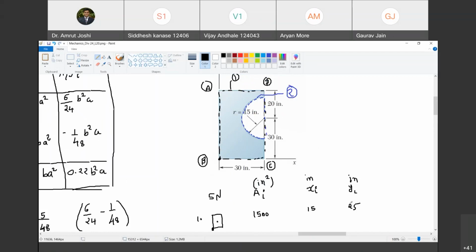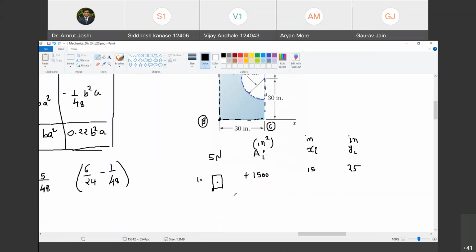Is this area additive? Yes, sir. This area is additive. Is this xi towards right of B? Yes, therefore it is positive. Is this yi above B? Yes, therefore it is positive. Are you with me? Yes, sir.